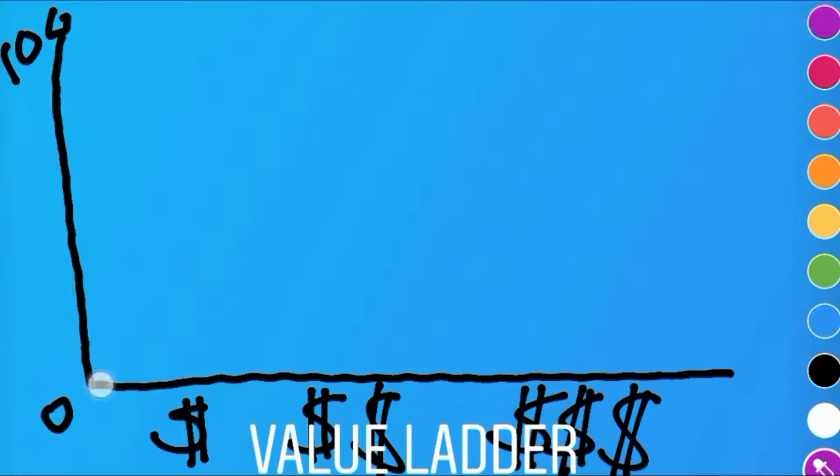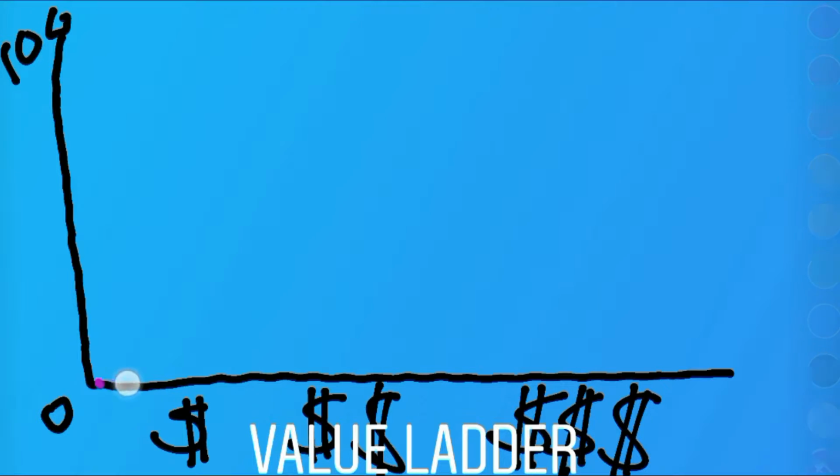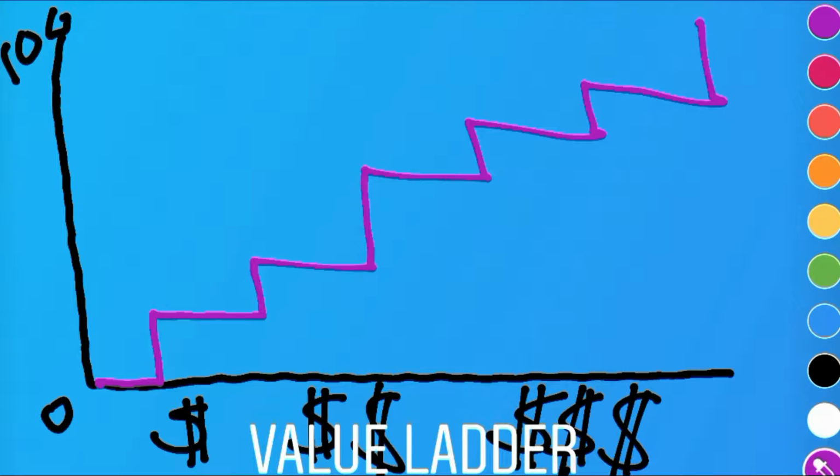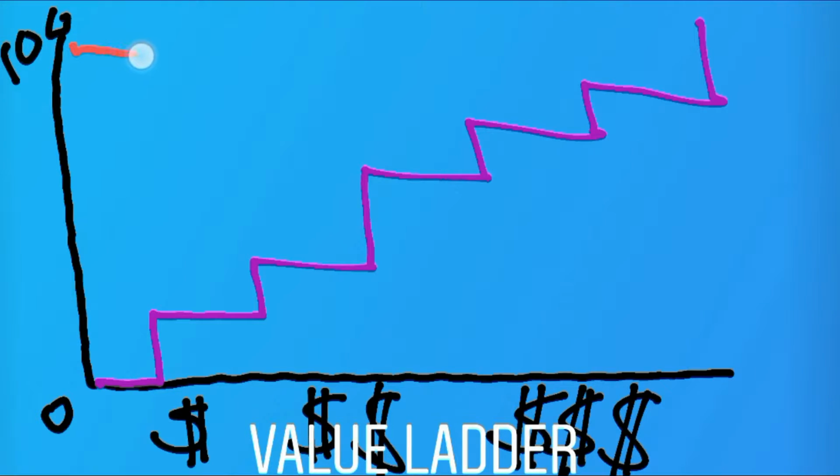Let me use a purple line for this. So I drew a purple line here to show you how exactly you should be offering your services to your audience, and I'm explaining in a second. Then I take this red, I'm gonna start at 100 and work my way down, but just about the opposite amount as my ladder.